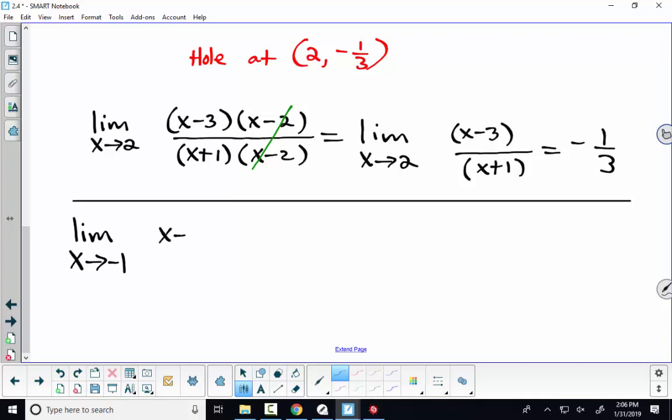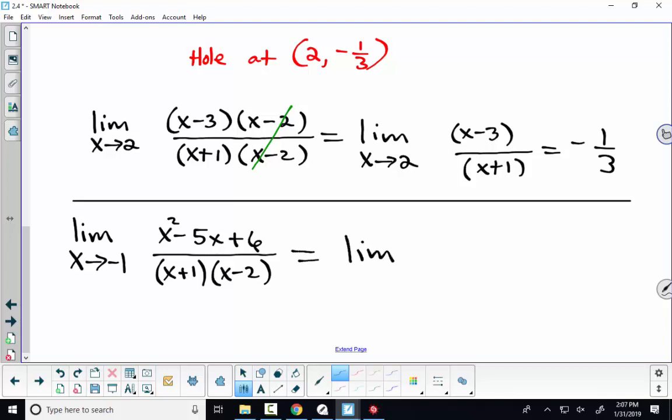What was it? x squared minus 5x plus 6 over x minus 2. If we started off with this limit, we would do the same thing. We would factor the numerator and the denominator and see what we're actually dealing with. In this instance, that factor on the bottom is not going away.